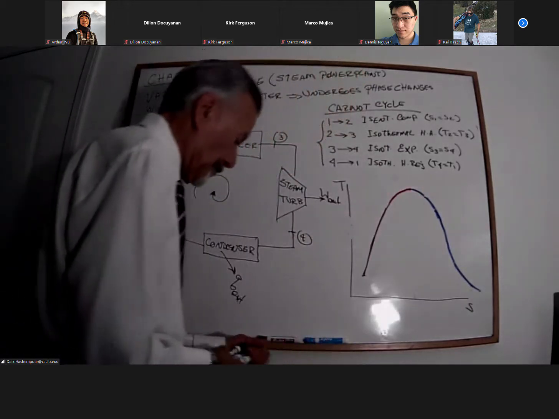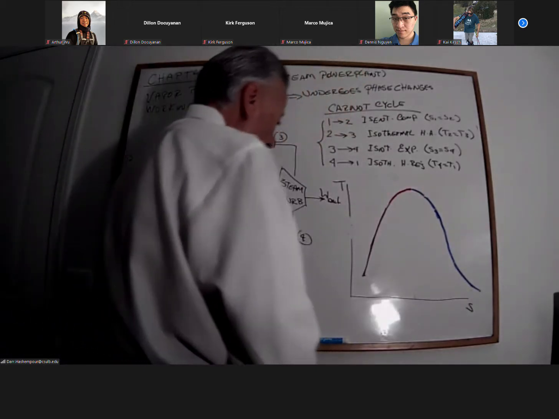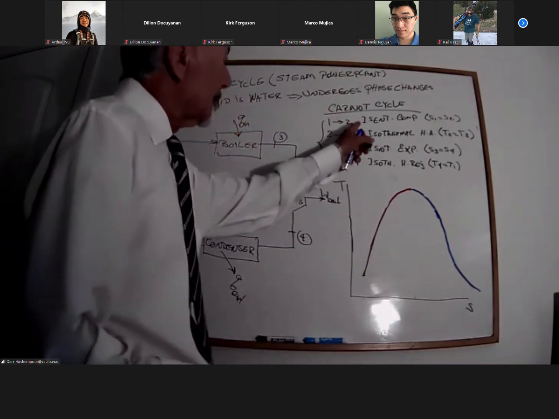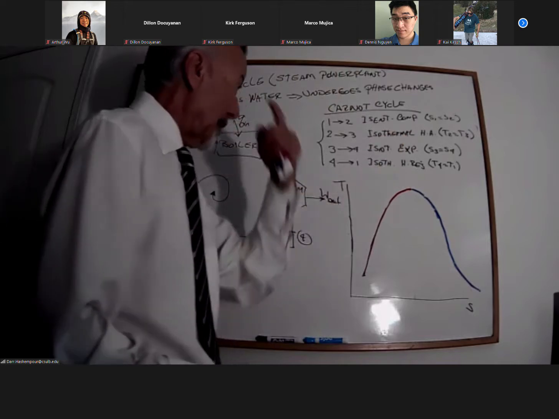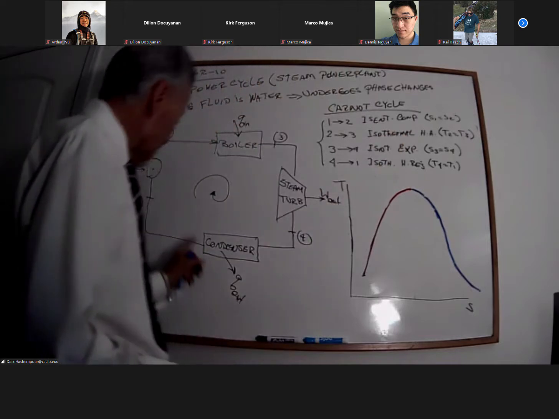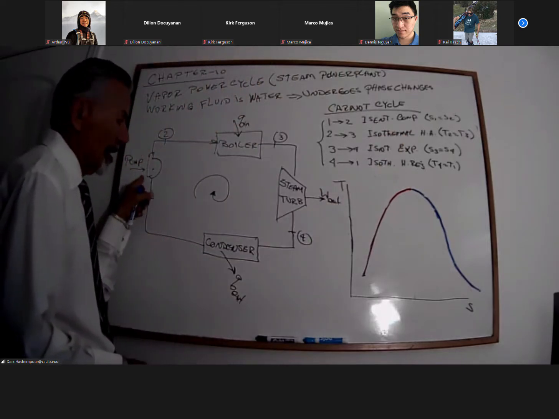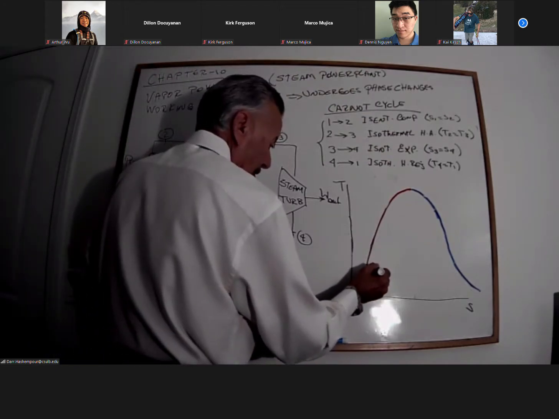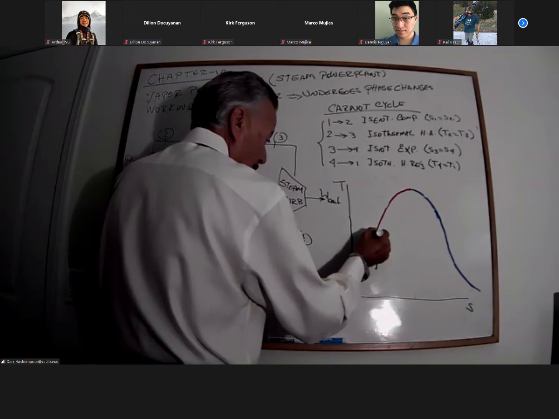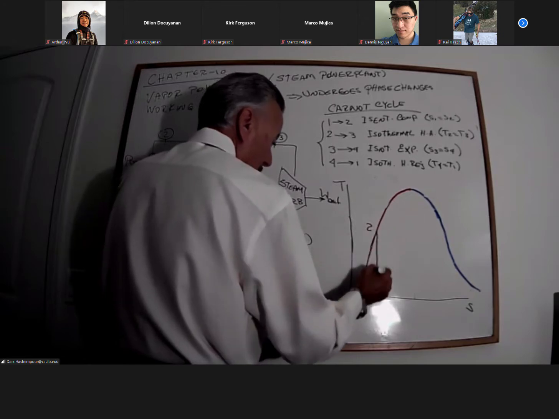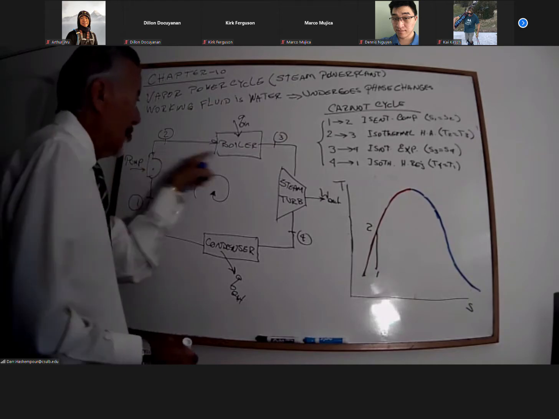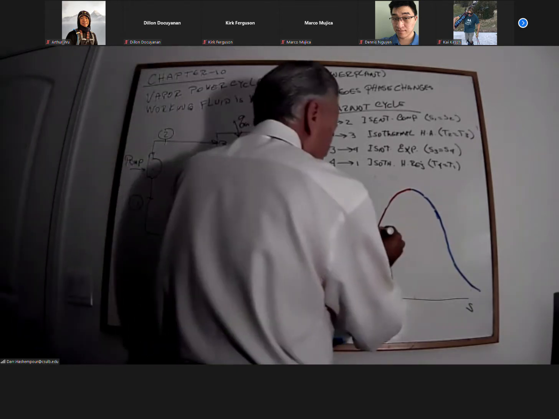All right. Now, if you follow what the Carnot cycle is saying, we have process 1 to 2 isentropic. So that means there is a 1 here going up to 2. Then from 2 to 3 is at constant temperature.